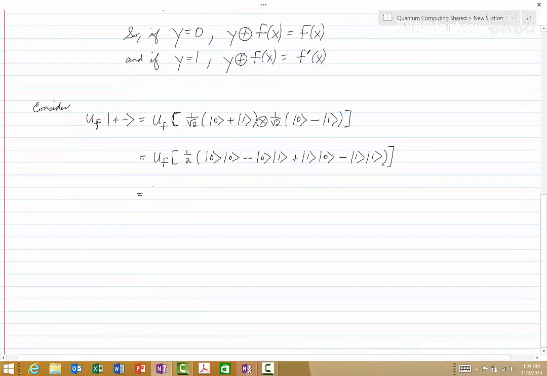Now we can pull out the 1/2, and this becomes 1/2 times U_f of 0,0 minus U_f 0,1 plus U_f 1,0 minus U_f 1,1.